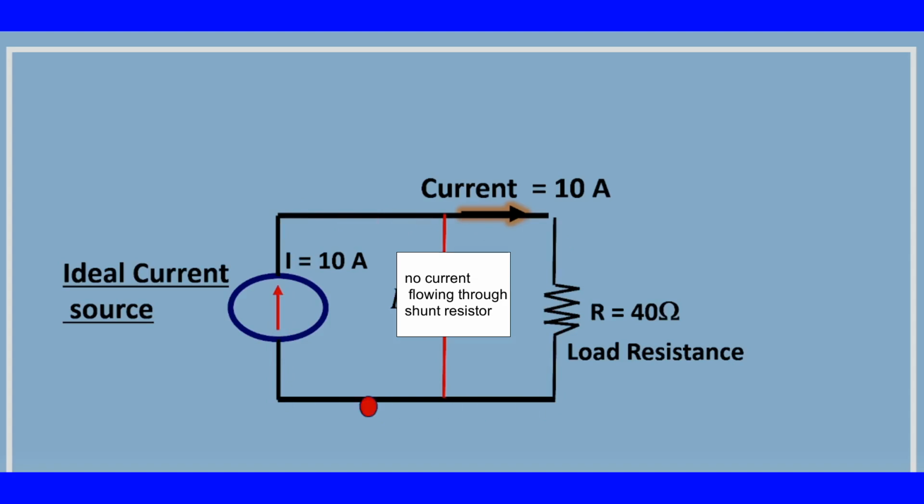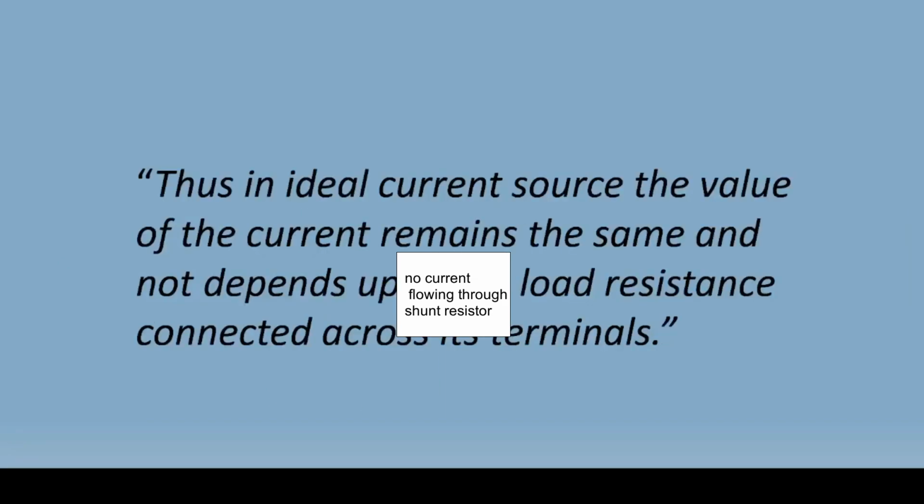That means the amount of current delivered by the current source is 10 amperes. Thus, in ideal current source, the value of the current remains the same and does not depend upon the load resistance connected across its terminals.